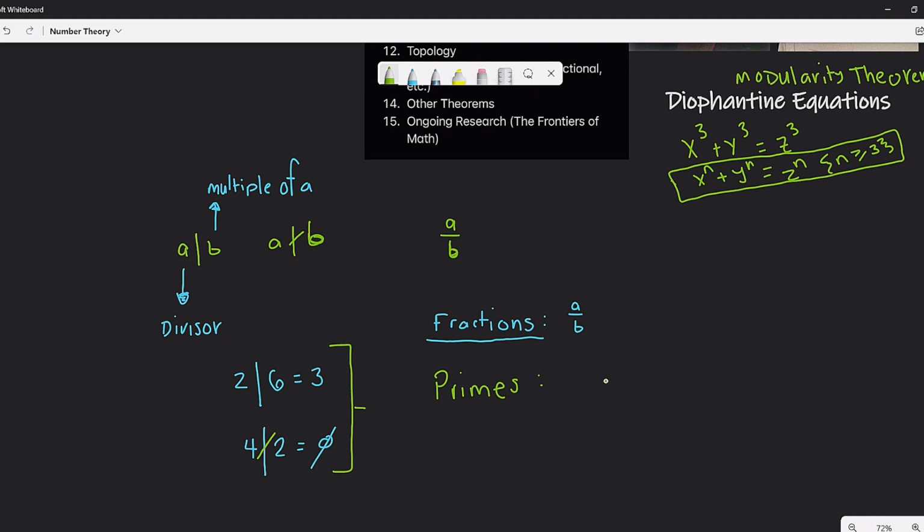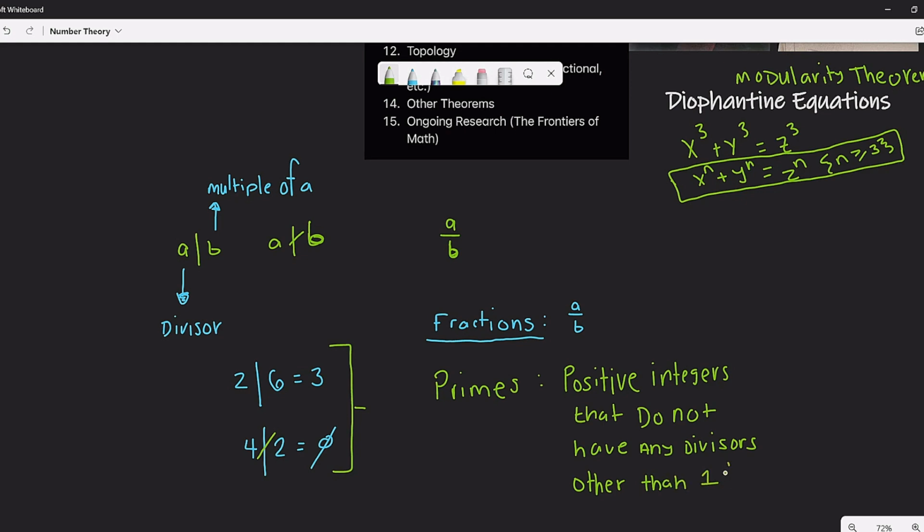And prime numbers are positive integers that do not have any divisors other than 1 and itself.